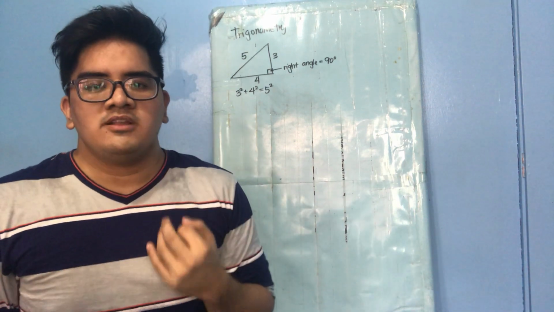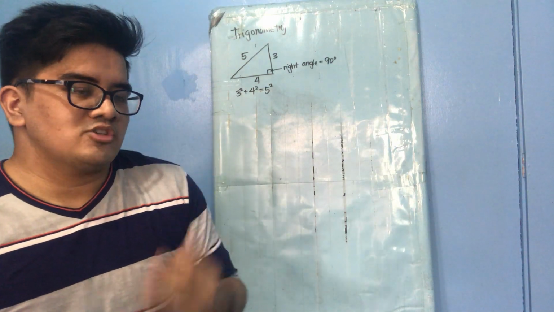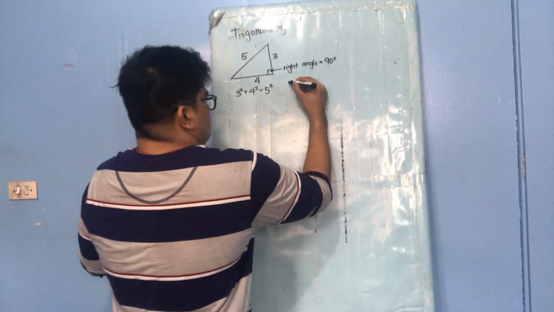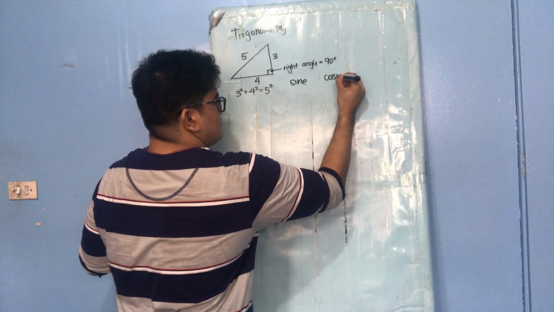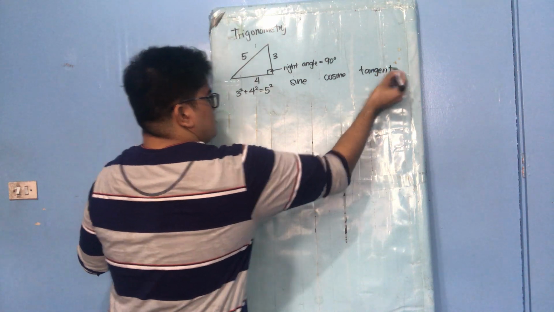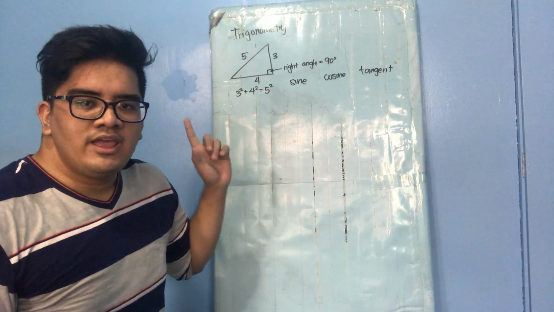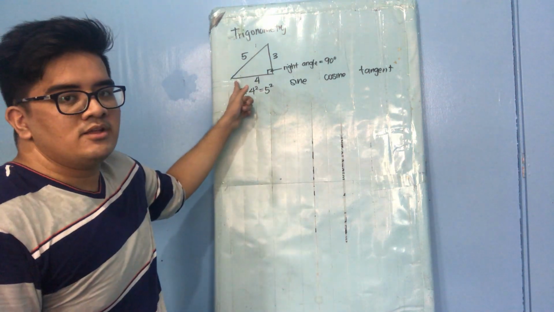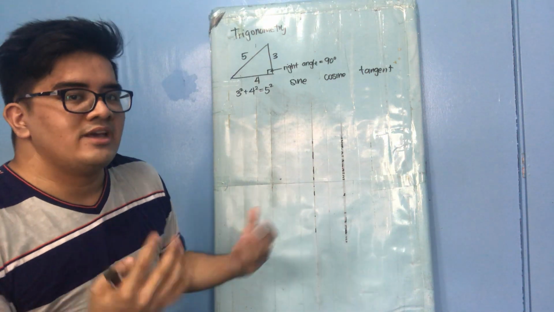Trigonometry has 3 fundamental functions: the sine, cosine, and tangent functions. We write sine, cosine, tangent. And this just says that for any angle found inside the triangle, we have special ratios, the ratios of certain sides.